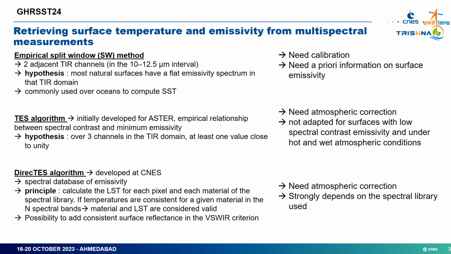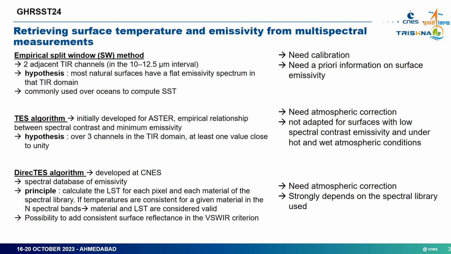The hypothesis under these algorithms is that most natural surfaces have a flat emissivity spectrum in that TIR domain. Split windows are commonly used over oceans to compute sea surface temperature, and split window needs first to be calibrated and requires a priori information on surface emissivity.